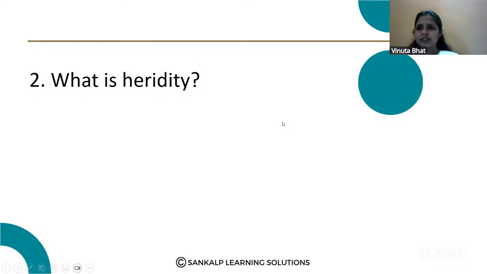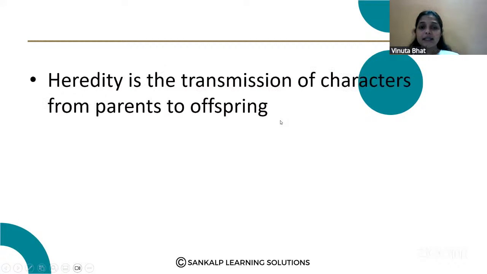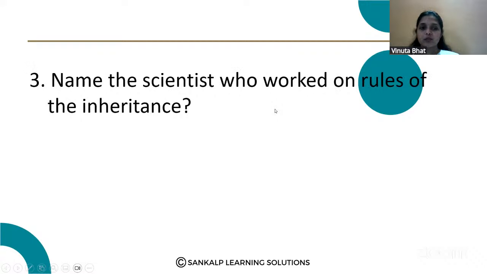Next question, what is heredity? This is the 1 mark definition question. Heredity is the transmission of characters from the parents to the offspring. That is known as heredity. Next question. Name the scientist who worked on rules of inheritance.